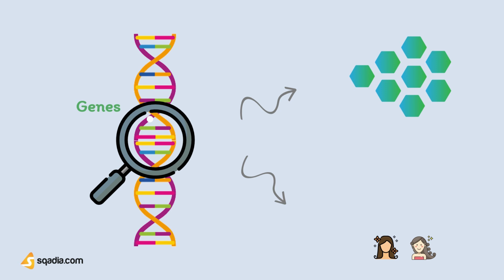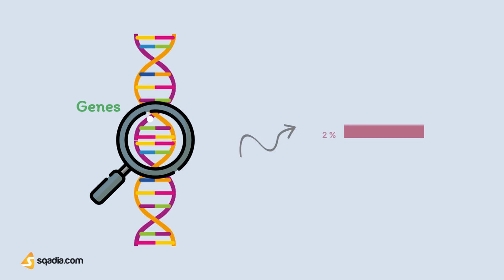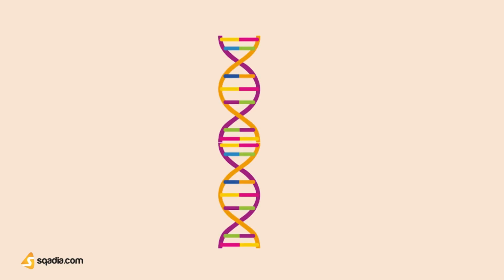Genes also control different characteristics, such as eye color, green or blue, and height, short or tall. But genes encode only 2% of all our genetic information. The human genome is made of 3.2 billion bases of DNA, but other organisms have different genome sizes.